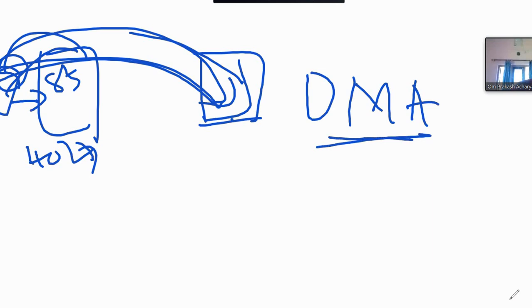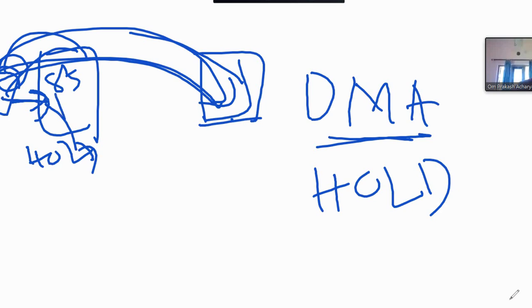To do that DMA operation, direct memory access, it has to give an input signal to this hold pin. When the microprocessor receives a request on this hold pin, the acknowledgement must be given. When you are getting any information, you have to acknowledge.